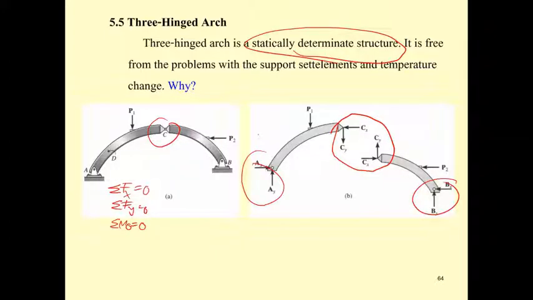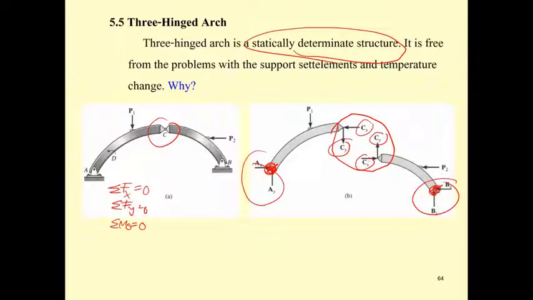And how do we take the moment to obtain these 6 unknowns? One of the best ways is just to take the moment about A to eliminate A sub x and A sub y, and then get the equation of C sub x and C sub y. And second, you take the moment over here to eliminate B sub x and B sub y to get another equation of C sub y and C sub x.